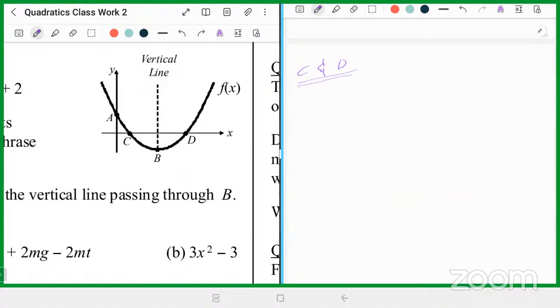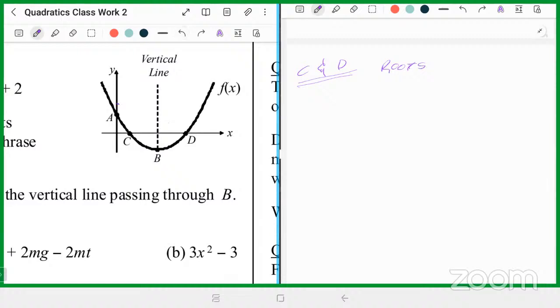Now, first, they are called the roots. The points of intersection of a graph with the x-axis are called the roots. And also the x values at these 2 points, they are also called roots. So the word roots has a double meaning. The physical points are called roots, but the x values at those 2 points on the x-axis are also called roots. They can also be called the x-axis intercepts because they are clearly the points of intersection with the x-axis.